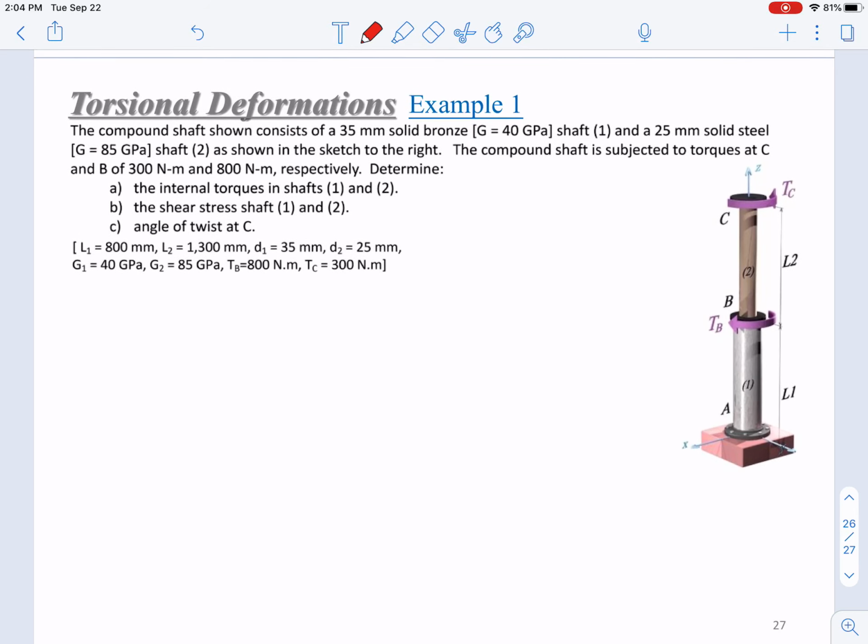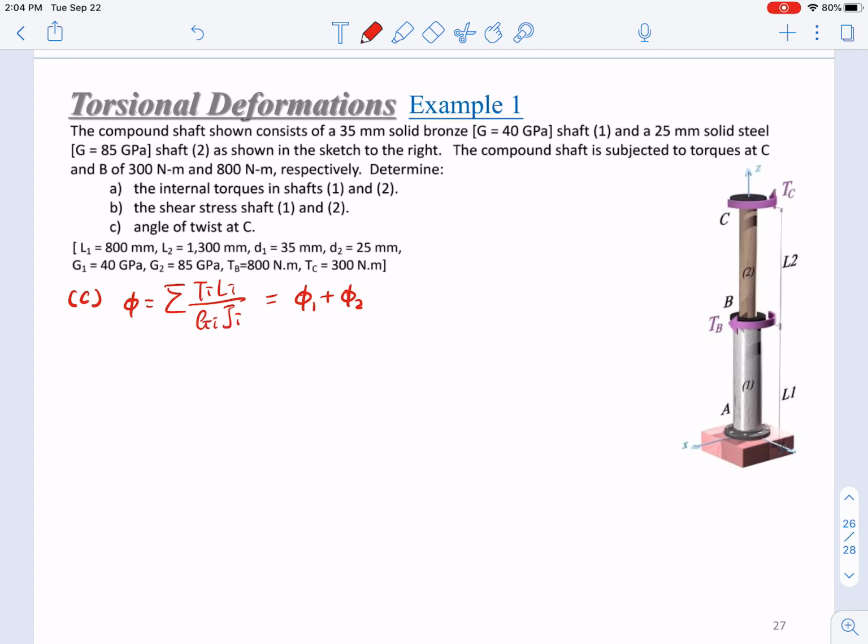Then let's look at the last step and our final goal, to calculate the angle of twist at point C. Obviously here we will need to use the second equation. The second equation says phi equals the sum of Ti Li over Gi Ji, or phi 1 plus phi 2 in this example.